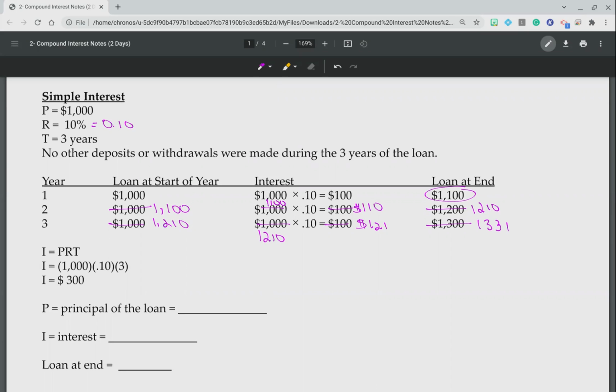Look at how that's different from simple interest. With simple interest, my loan start was always $1,000. But when I'm doing compound interest, my principal changes based on what the new principal is at the end of that year. And again, this is with no deposits or withdrawals made within those 3 years.